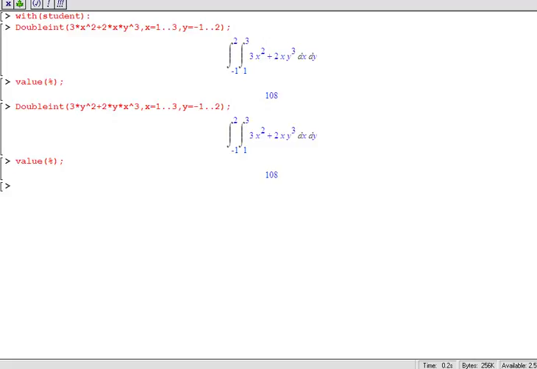So now first I'm going to go from -1 to 2, and that's like y going from -1 to 2 because we switched variables, and then the other variable goes from 1 to 3. So I switched the integral, I do value, and I get 108 again. The only bad part about the double integral command is you have to do x first and then y. It doesn't reverse. Okay, so that's a good check. You can use that to check your homework problems.